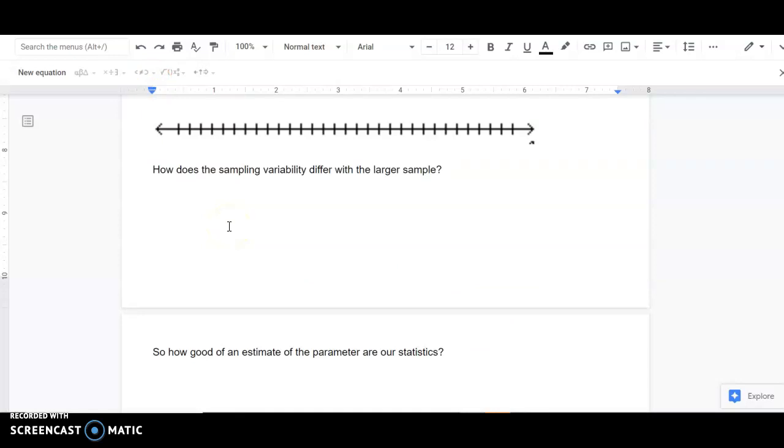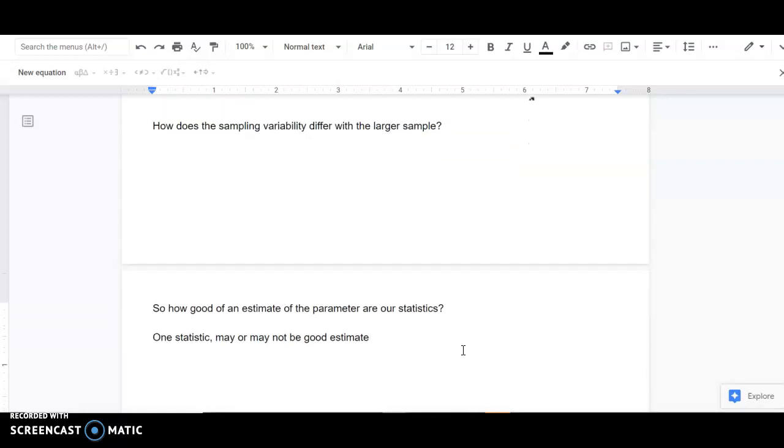So in general, if you're asking how good an estimate of our parameter our statistics are, what I would say is, if I just do a single statistic, it may or may not be a good estimate. It's not a great estimate. But if I do the average of many statistics, so if I do it over and over again, like I did on that little program, the average of many statistics will be a great estimate.